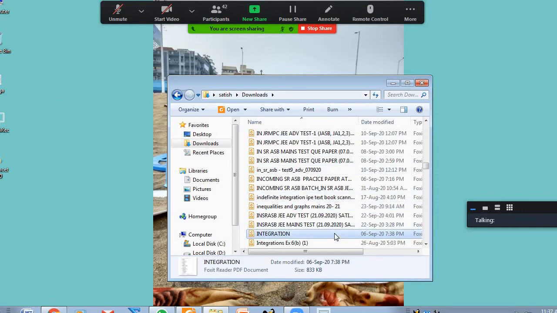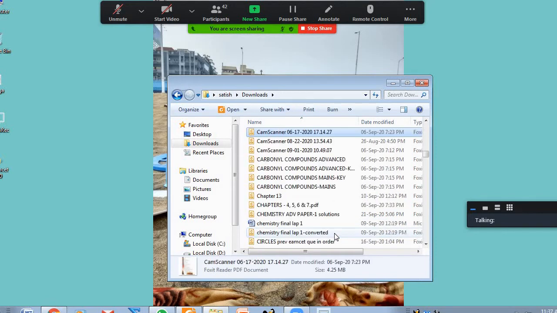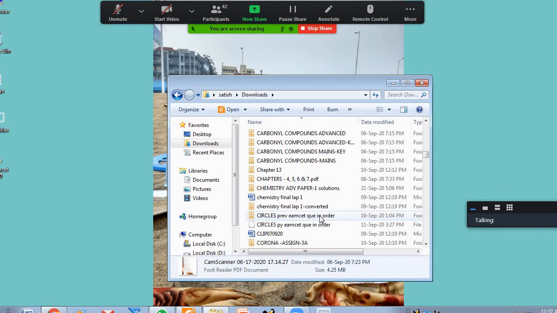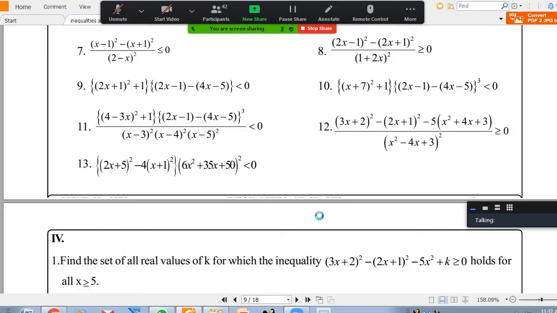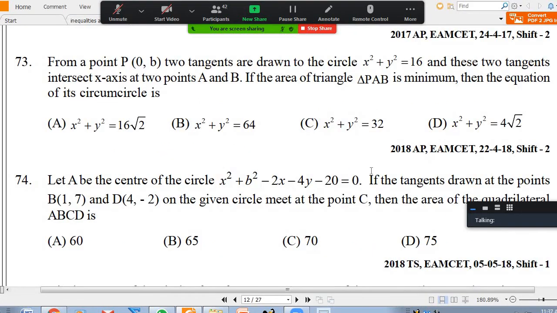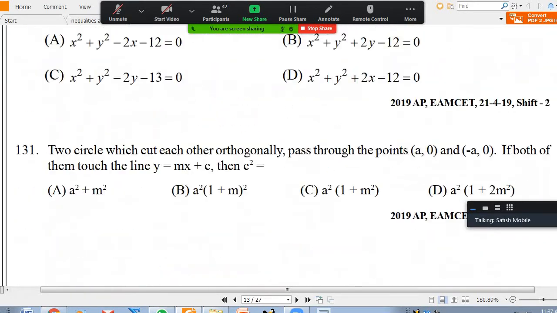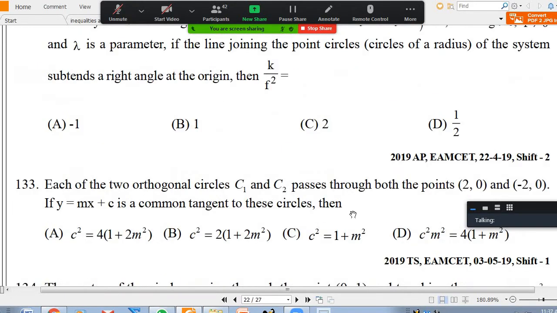Okay, fine. Sometimes if you keep on eating, we will not be able to digest. We need some time to digest. Okay, so I'll show you orthogonality questions.